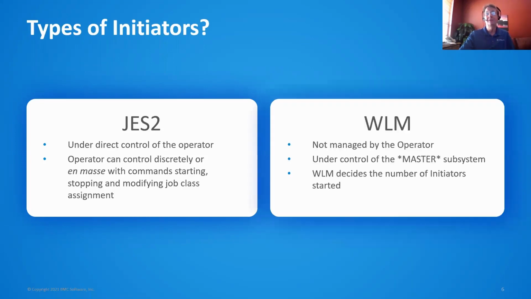The other type are WLM initiators that IBM brought out many years ago and really haven't done much with. They're not managed by the operator, although the operator will manage the work going to them somewhat. But they're under the control of the master subsystem, and WLM decides the number to start and run in environments where the work is allowed to run.